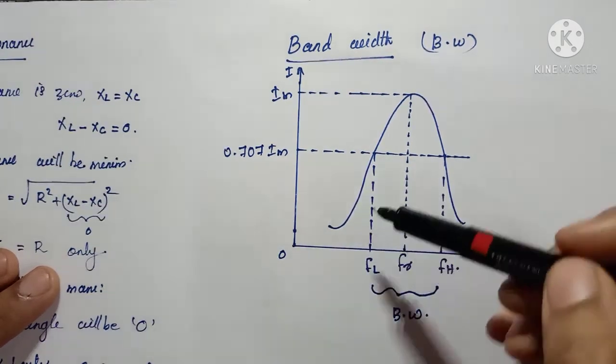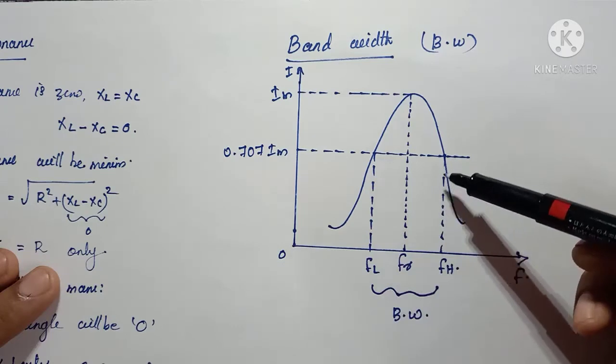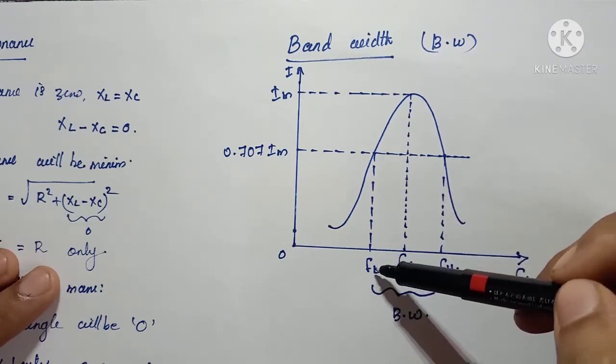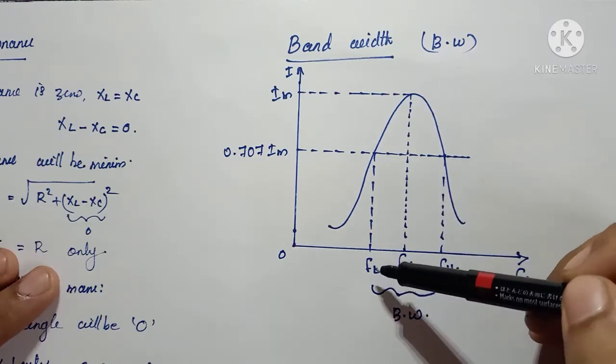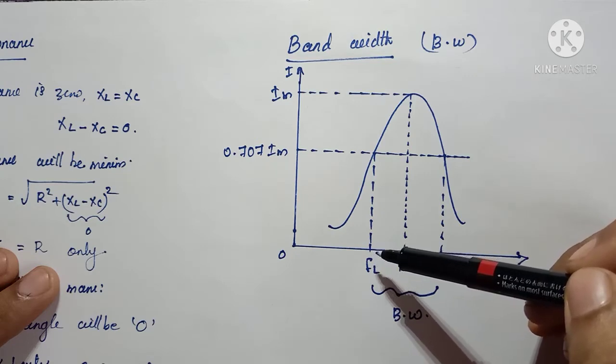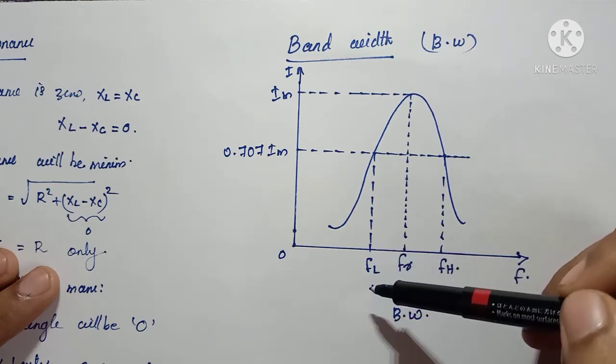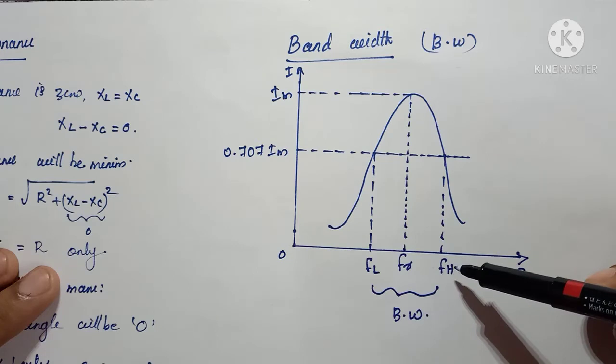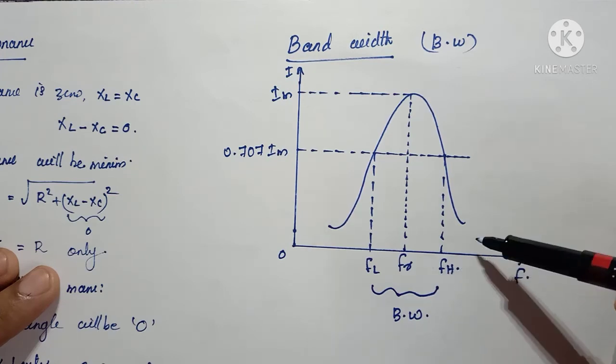That range of frequency can be represented here as FL and FH. FL means lower cutoff frequency, and FH is the upper cutoff frequency or higher cutoff frequency. This H shows higher value.